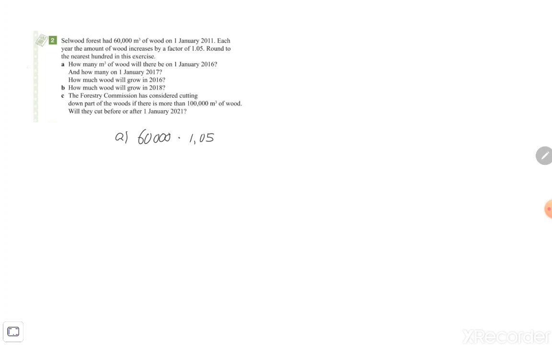But we want to know 2016. So this is 2012, multiply it again with 1.05 is 2013, again is 2014, this is 2015, and then multiplied again is 2016, 5 years later. 1, 2, 3, 4, 5. So you can also rewrite this, of course, as 1.05 to the power of 5.